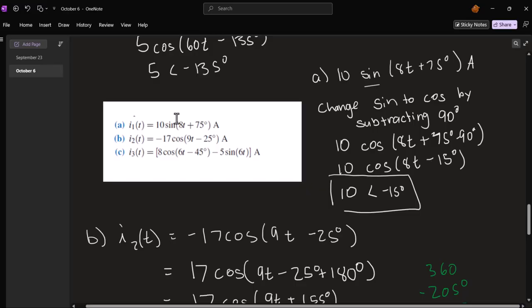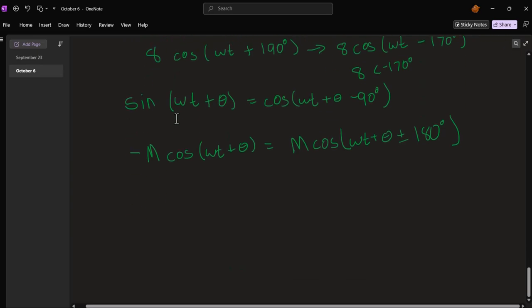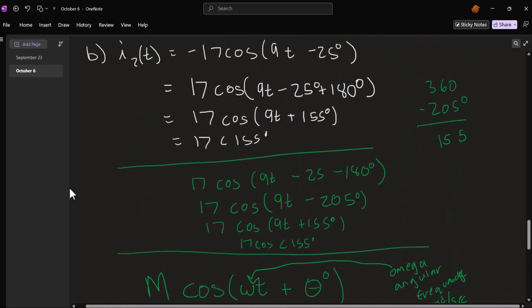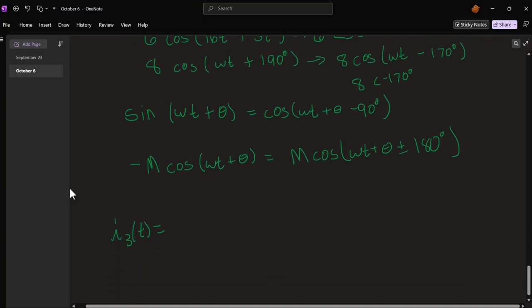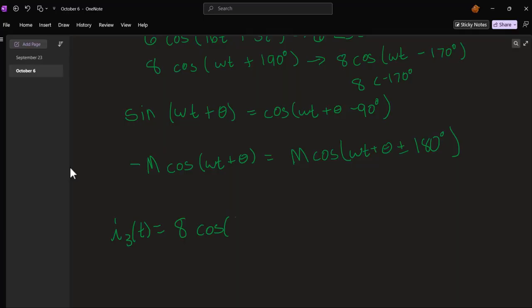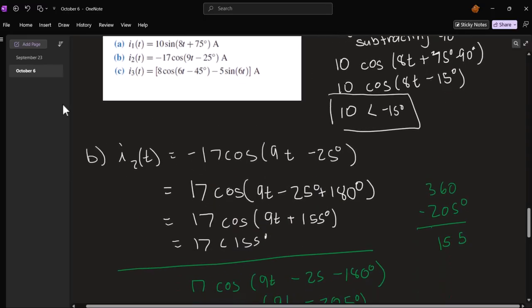Okay, so the next one. I3 of t equals 8 cosine 6t minus 45 minus 5 sine 6t.